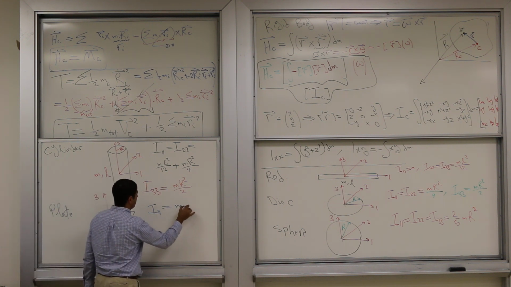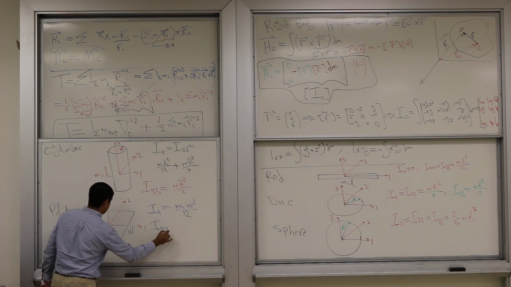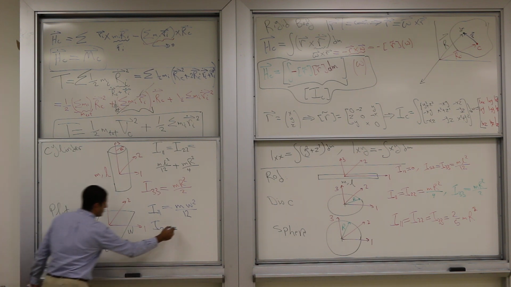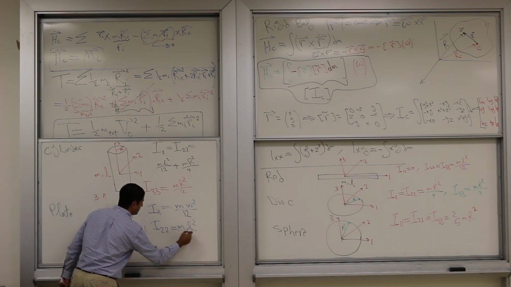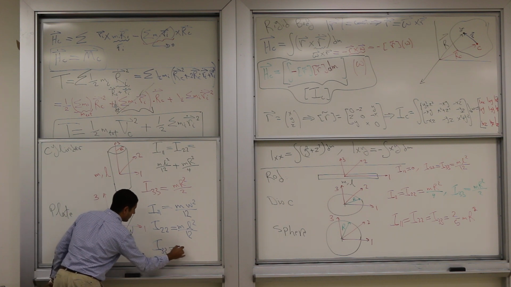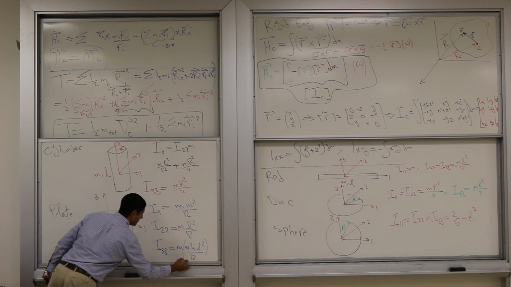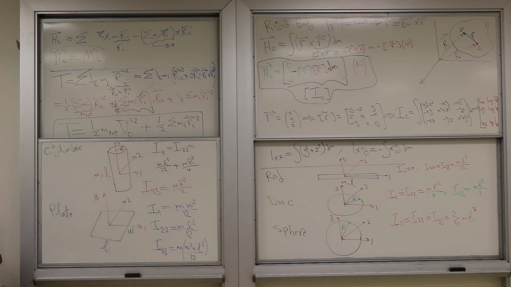So this is mw squared over 12. Same for 2, it is also ml squared over 12. And for 3, it's both. Right? Any question?